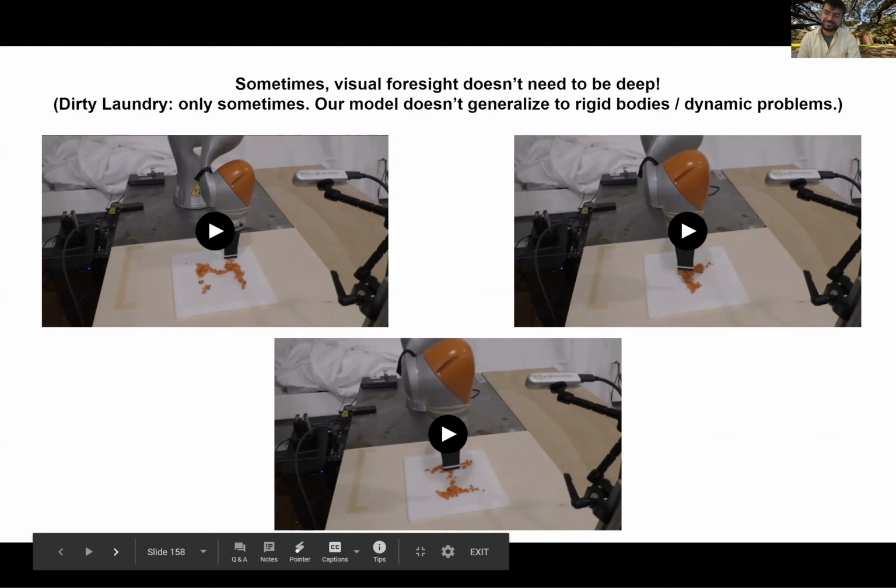I had a quick question. Really cool videos. The problem is really interesting. I was wondering, is your current training or modeling sensitive to the actual dimensions of the brush or the pushing thing? Will it change if you have a much wider brush which lets you push all of them at the same time? That's a really good question.